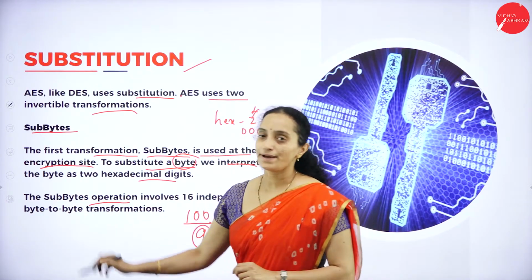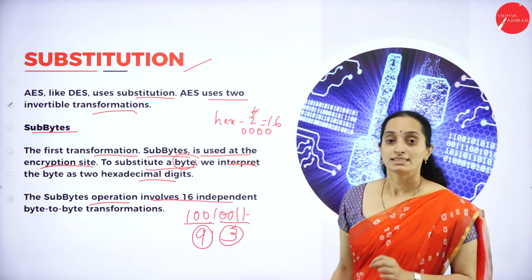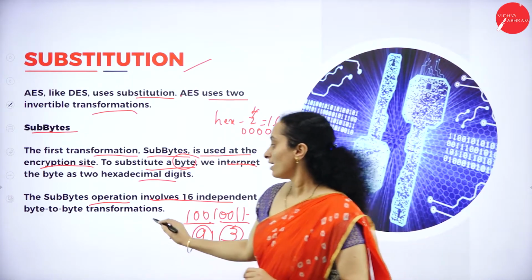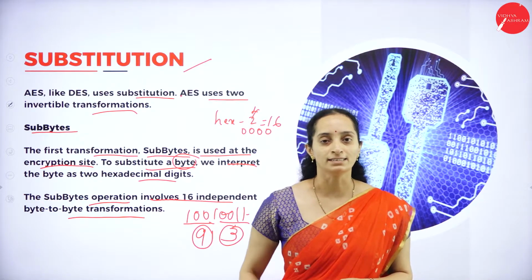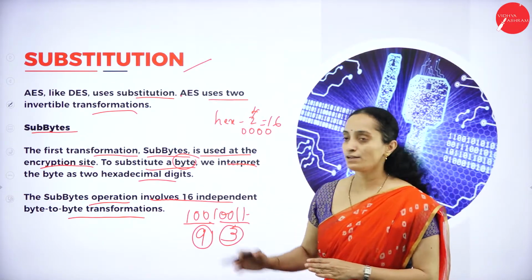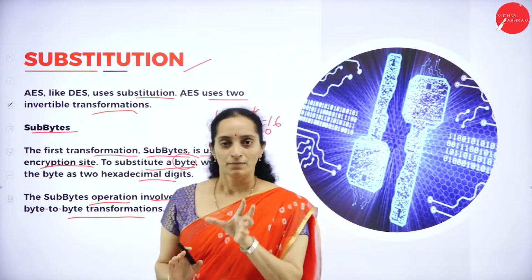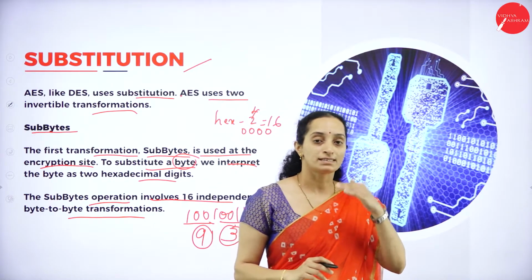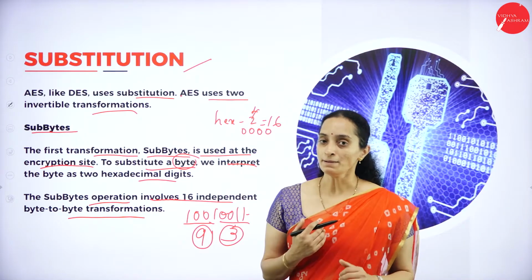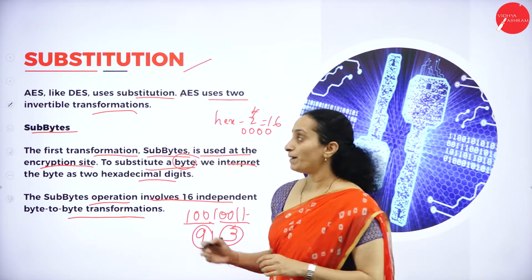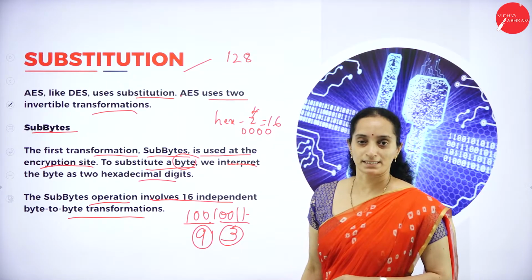The sub-bytes operation that we follow in AES involves 16 independent byte-to-byte transformations. It is not transformed at a stretch. Instead, it involves 16 independent transformations. How many bits do we use? 128 bits, isn't it?